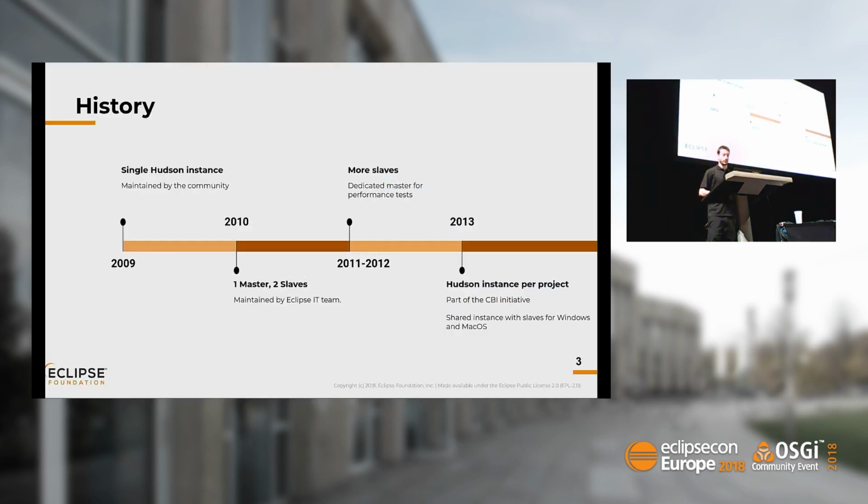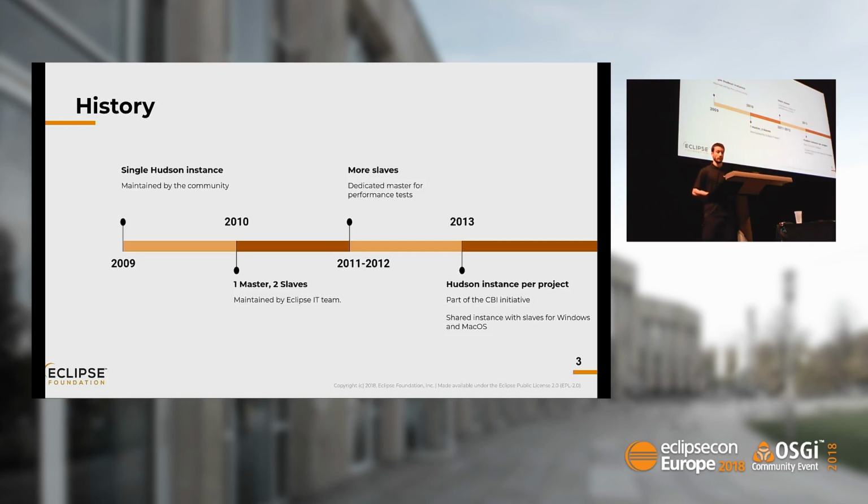Back in 2009, we started with a single Hudson instance for all the projects. At that point, this was maintained by the community. It gained some traction. Projects decided to also use it, and therefore some additional agents or slaves were added in 2010, and maintenance was switched over to the Eclipse IT team.